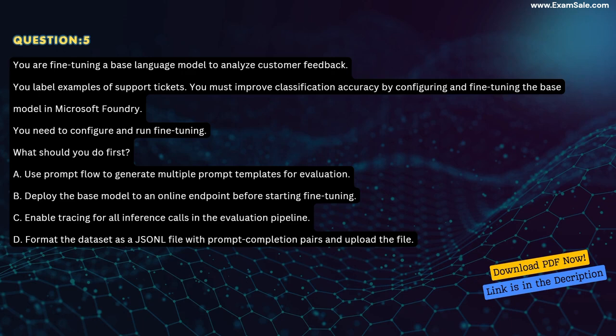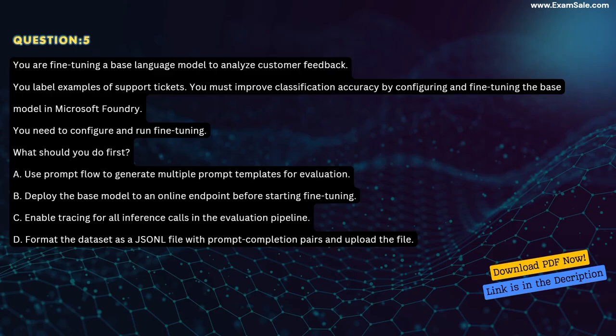Question 5. You are fine-tuning a base language model to analyze customer feedback. You label examples of support tickets. You must improve classification accuracy by configuring and fine-tuning the base model in Microsoft Foundry. You need to configure and run fine-tuning. What should you do first?